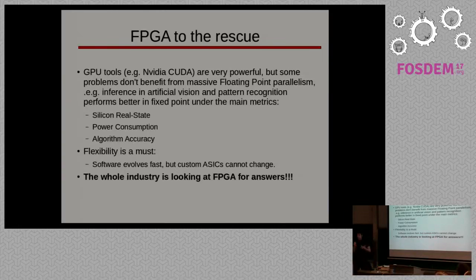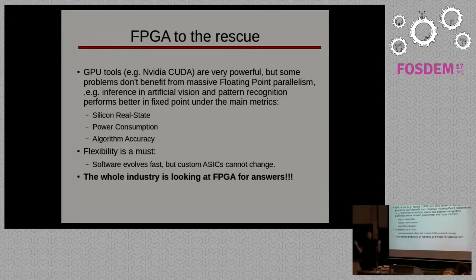You save silicon real estate because you need fewer logic gates to implement it. You also have lower power consumption, and surprisingly enough, the algorithm is even more accurate using fixed point arithmetic than floating point arithmetic. This may be counterintuitive, but it's how things really work.